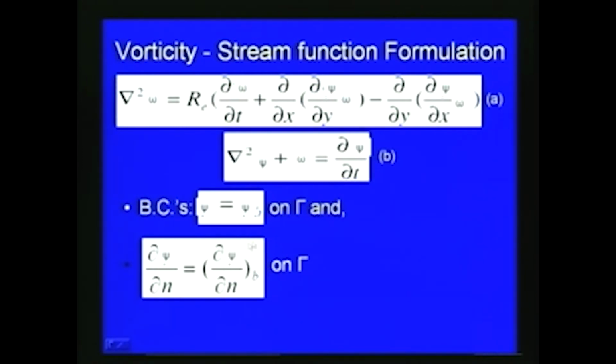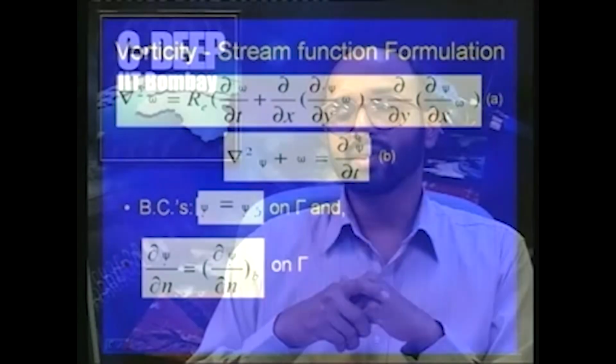These can be the boundary conditions, and the 2 equations, A and B, are in terms of the Reynolds number Re, the omega and the psi. We can solve these 2 equations, and we get the distribution of the stream function and the vorticity omega.